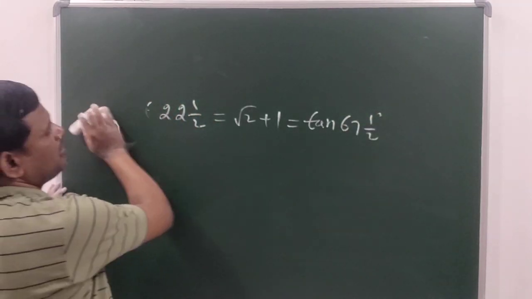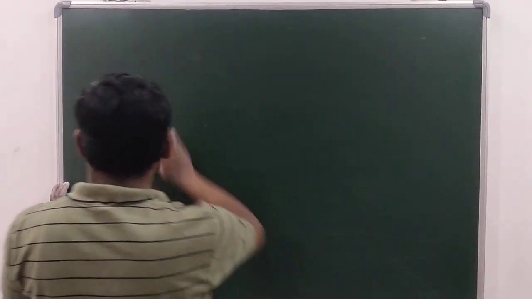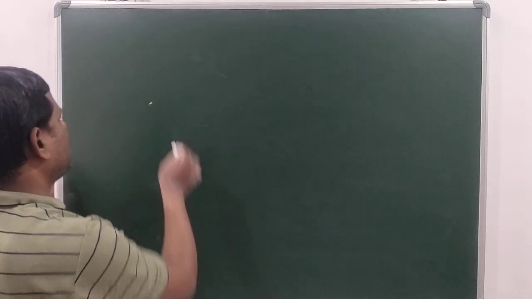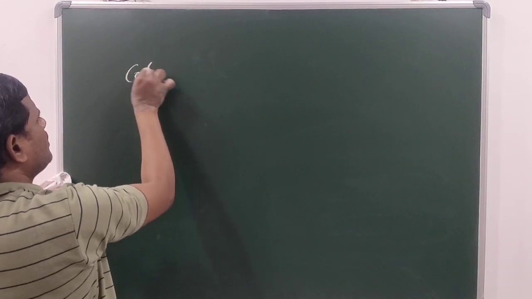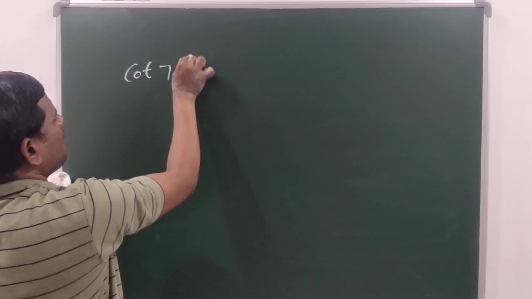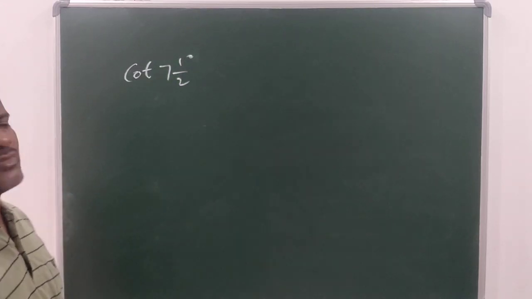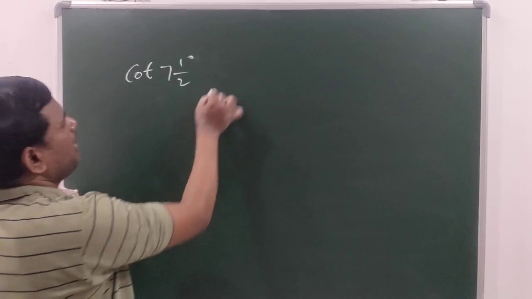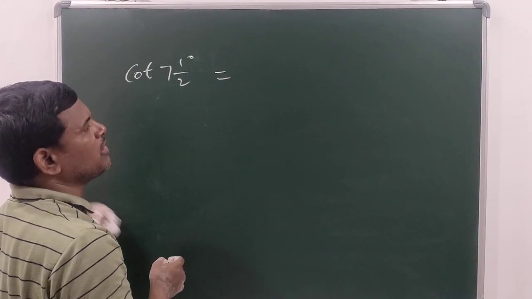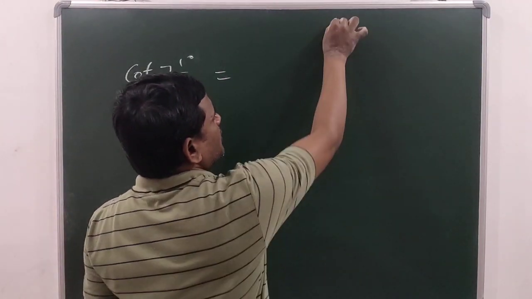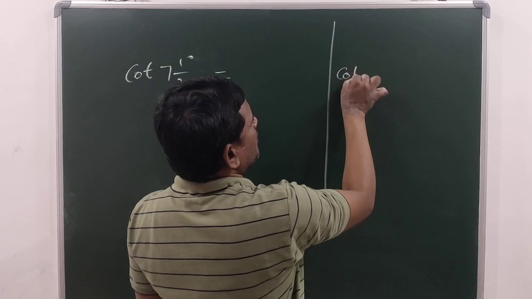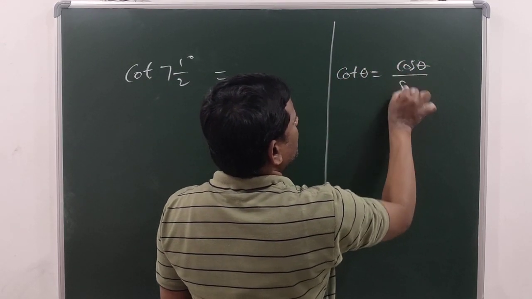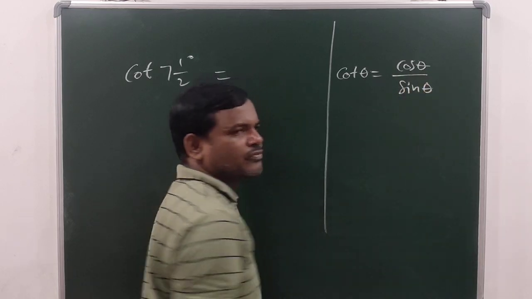Right. Now let us define cot 7.5 degrees. How much do you get for this? To find this value, observe what I am doing. Cot theta can be written as cos theta by sin theta.